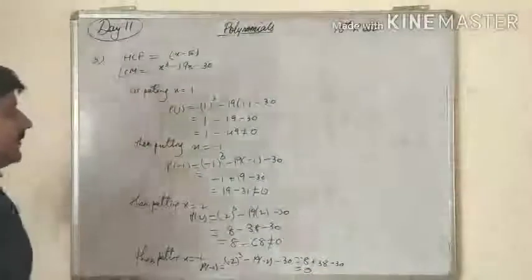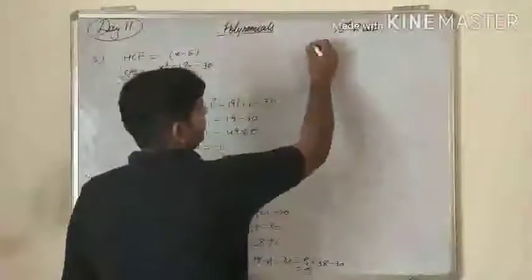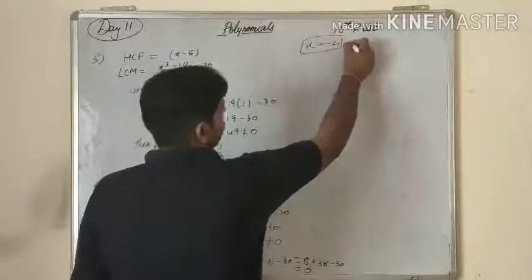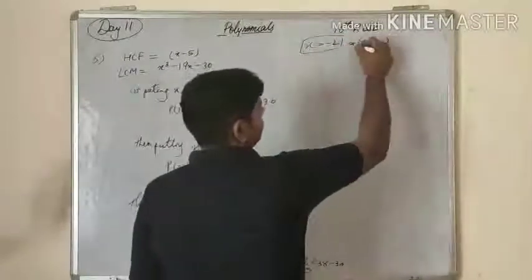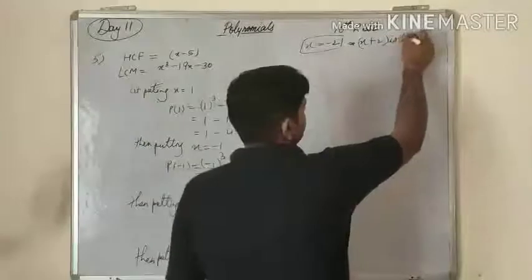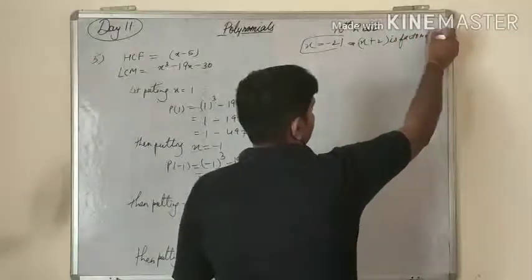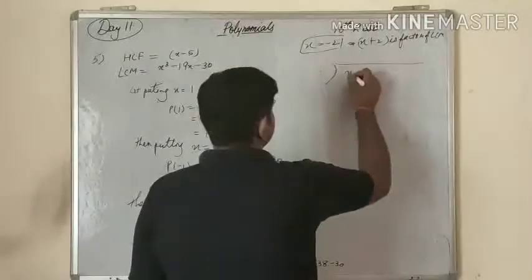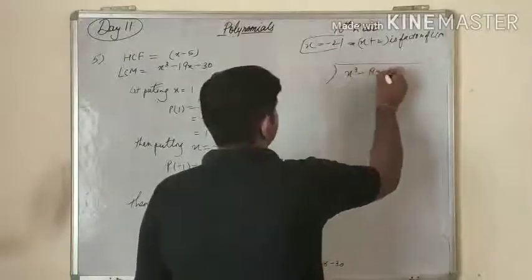If it is 0, we can say this will be a factor of LCM. Let's divide the LCM, which is x cube minus 19x minus 30, by this factor.